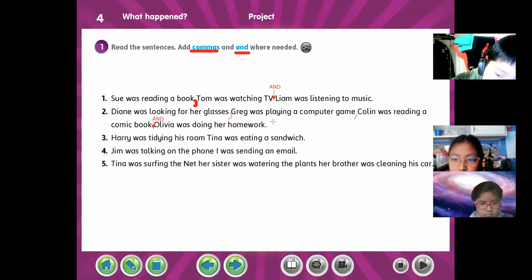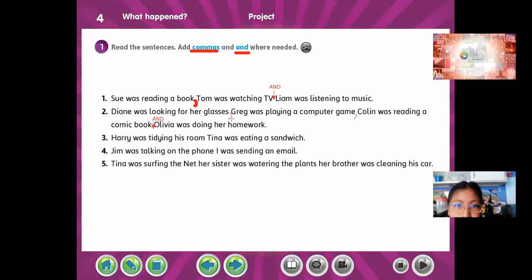Very good, Alexia. You use one idea, comma, another idea, comma, another idea, and for the last idea, and. Good. Fernanda, please, number 3.